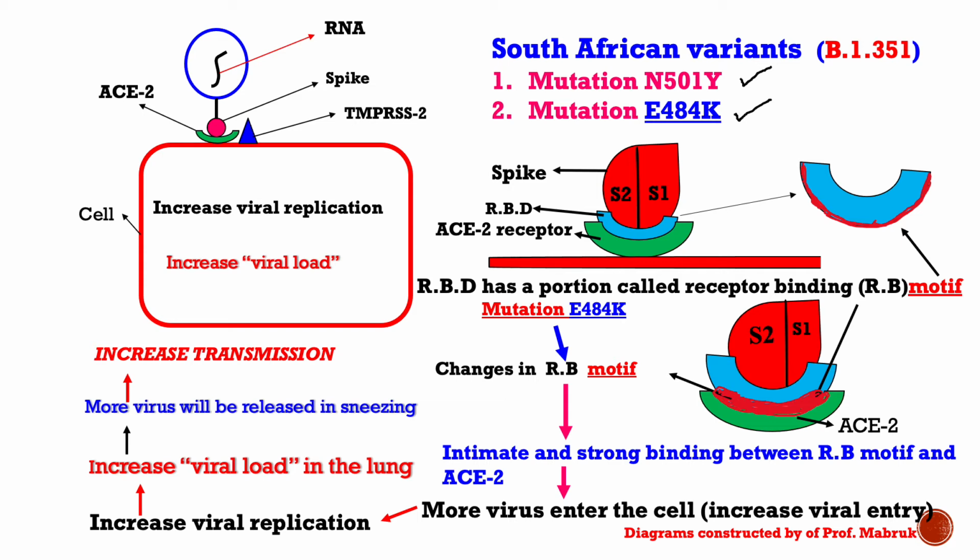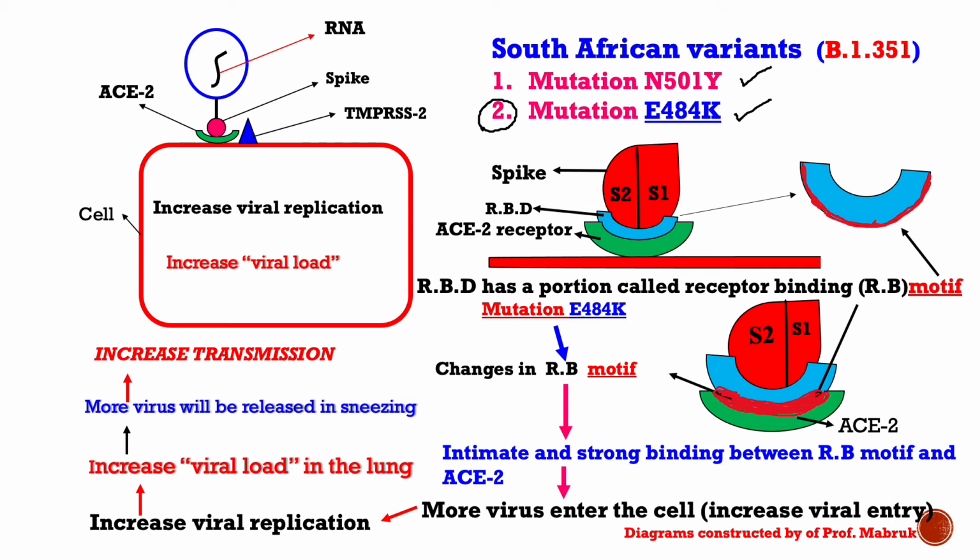However, the second mutation of the South African variant is new, which we call the E484K mutation.